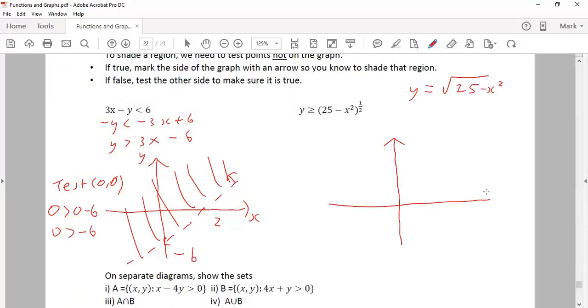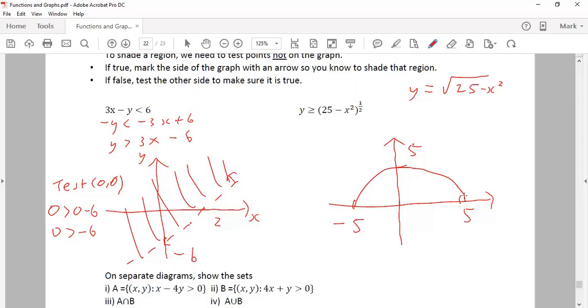You know the radius is going to be 5. So it's equal to, so it's going to be a solid one.